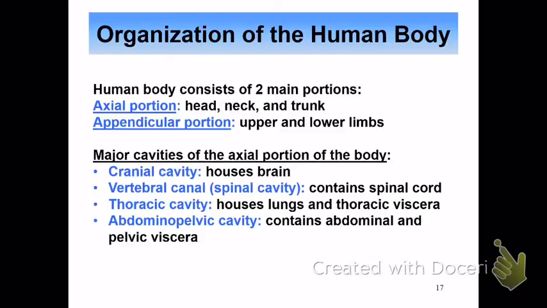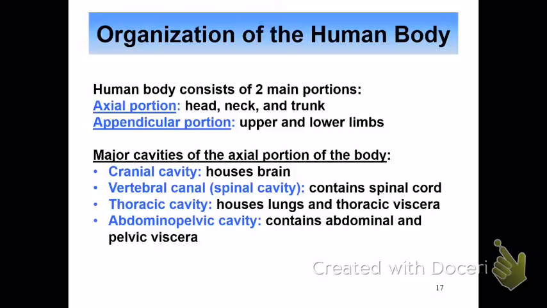The thoracic cavity, that's going to be your lungs, right? Thoracic cavity is going to be lungs and heart. Lungs and heart. And thoracic cavity has thoracic viscera. That is a layer which covers an organ, and I'll get to that in a second. Okay, we got thoracic.